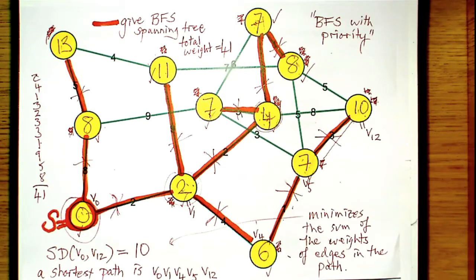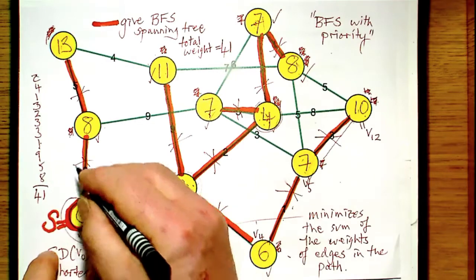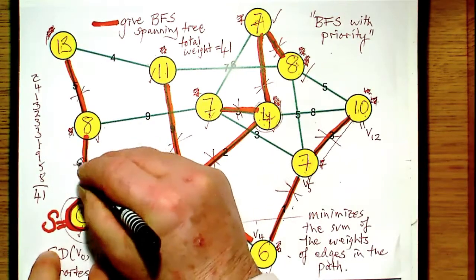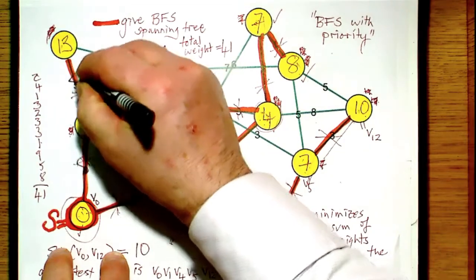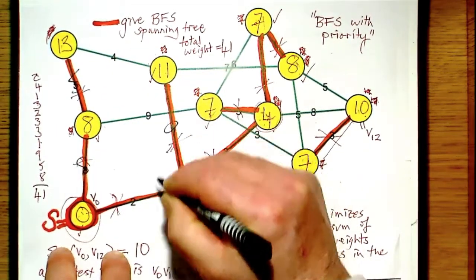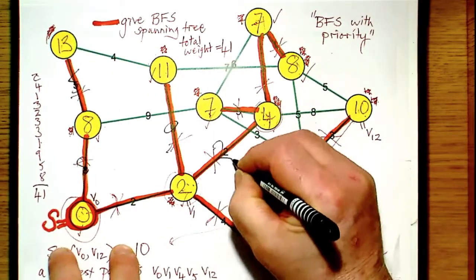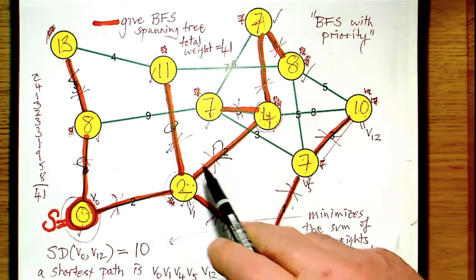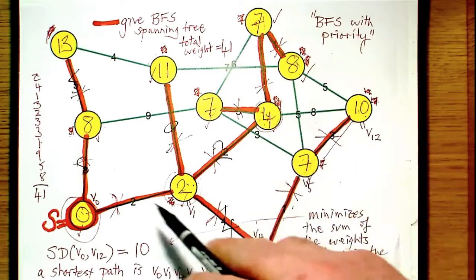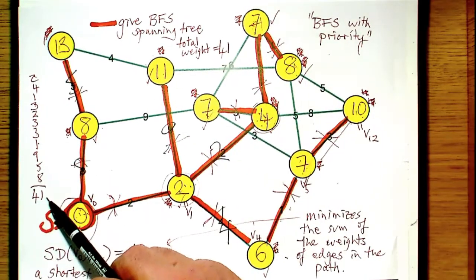So the red edges form a tree, a connected graph with no cycles. But all the edges in this graph had weights, they all had numbers assigned to them. Here are the numbers assigned to some of the edges. When you add all those numbers up in the tree, that's the numbers associated to the red edges, you get a number which in this case was 41.